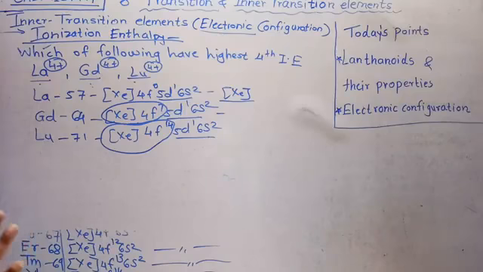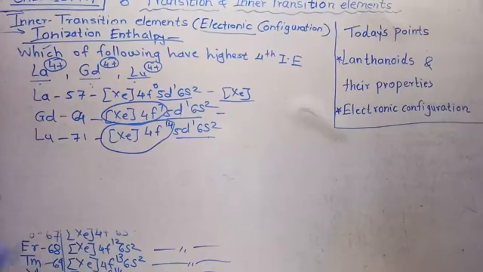But there is one point: the energy required to remove an unpaired electron is less as compared to a paired electron. Clear? That was ionization enthalpy for lanthanides.